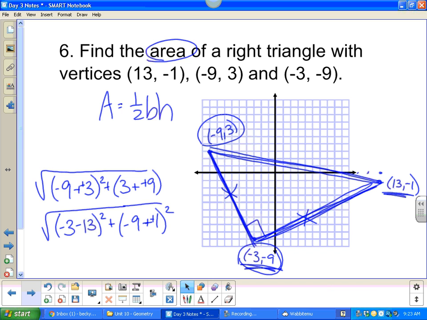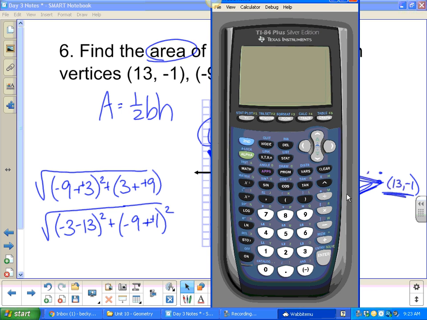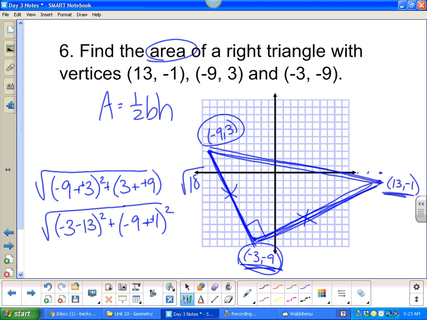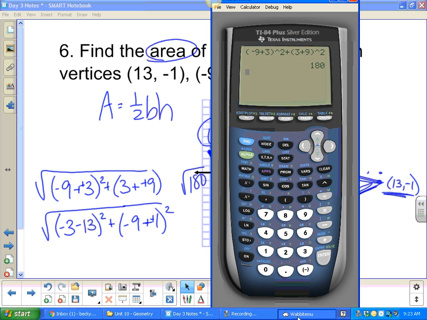Okay, and then I'm going to grab my handy dandy calculator, and I'm going to start with my parentheses, and I'm going to go negative 9 plus 3 squared, plus 3 plus 9 squared. So that's the square root of 180. And then negative 3 minus 13 squared, negative 9 plus 1 squared. 320.